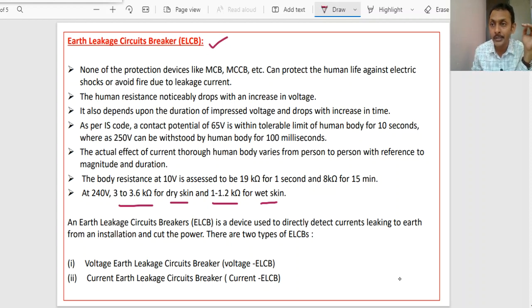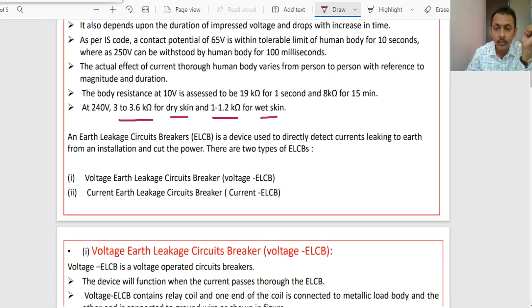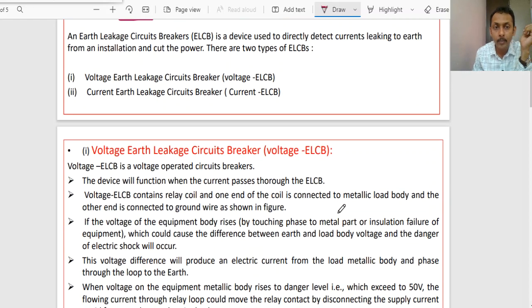They are going to sense and detect any leakage current present in the equipment. In order to do so, we have two types of earth leakage circuit breaker. One is the voltage earth leakage circuit breaker, and the other one is the current earth leakage circuit breaker.